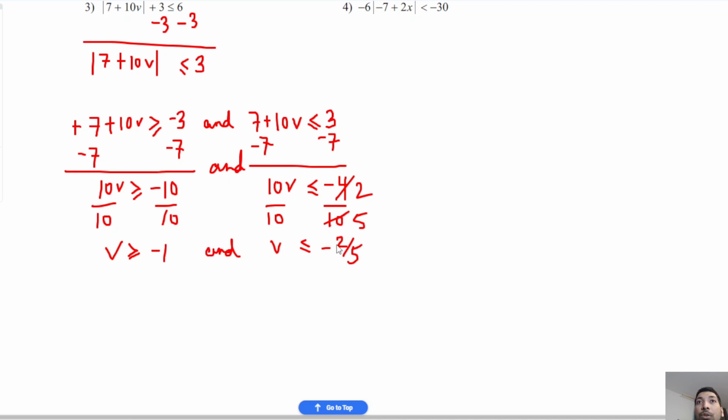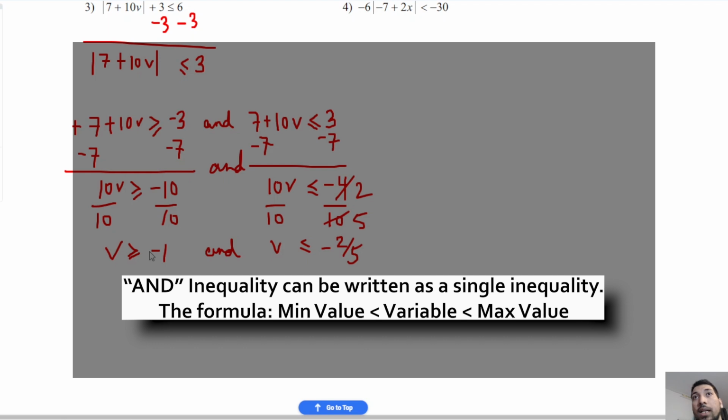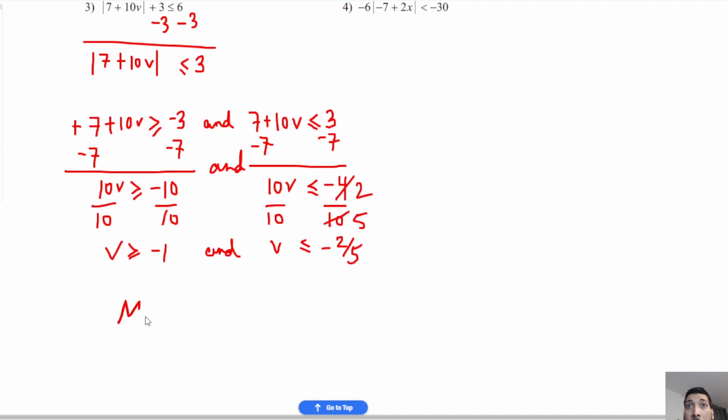Now we see that these two inequalities are represented by an AND inequality. So you can rewrite this as a single inequality. The quick strategy is minimum value less than or equal to variable, which is v, less than or equal to maximum value.